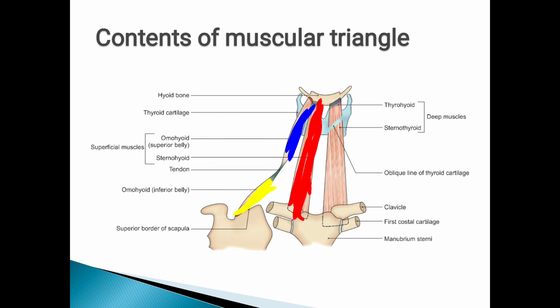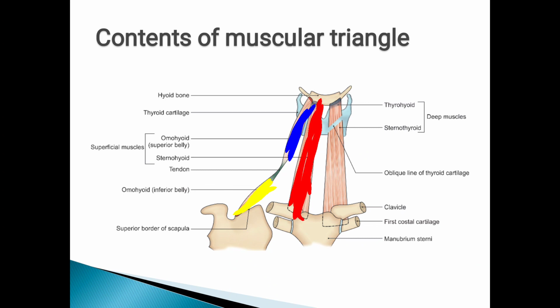Okay, so here you can see this omohyoid muscle is present in the muscular triangle. It forms the boundary of the muscular triangle. So the posterior superior boundary is formed by the superior belly of omohyoid.